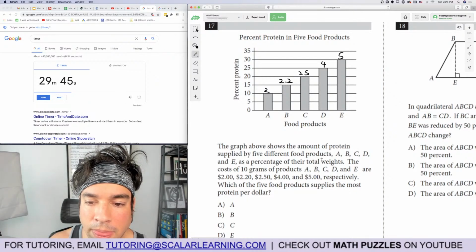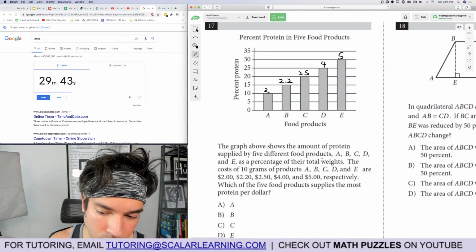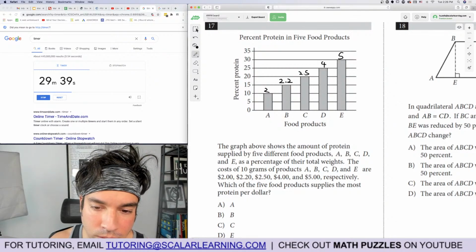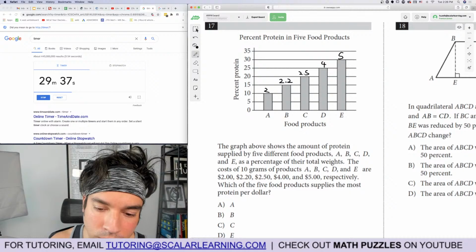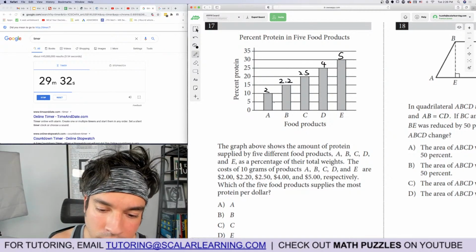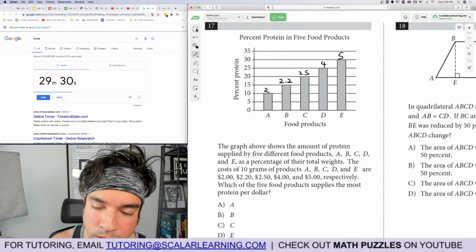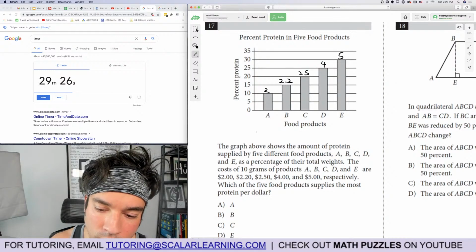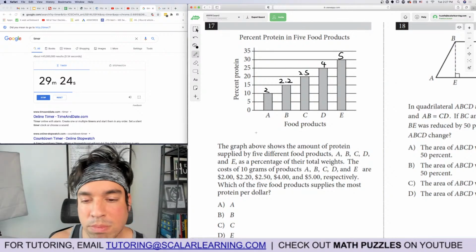Okay. So what I'm going to do is... What's the best way to do this? So 10%. So it's 10%. So 10 grams. So this would be protein per dollar.